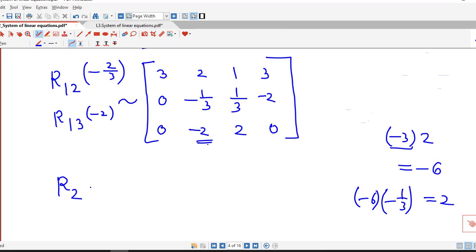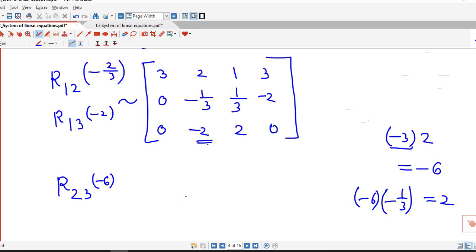So we multiply second row by minus 3 and add in third row. So minus 3 into minus 1 by 3, that is 1, minus 3 into, we have to multiply with minus 6.